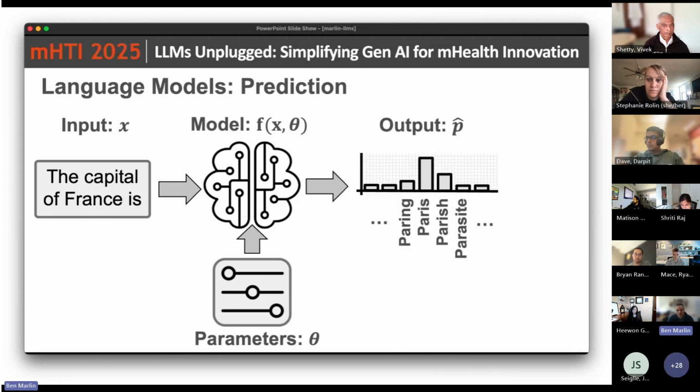That prediction is in the form of a probability distribution over the vocabulary. So in this case, for a word level model, we're looking at maybe all the words in the dictionary. Running through that set of items, we come on the words pairing, Paris, parish, parasite, and so on. What we would like here is for the probability of Paris to be higher than the probability of all the other words, because that's the correct answer.